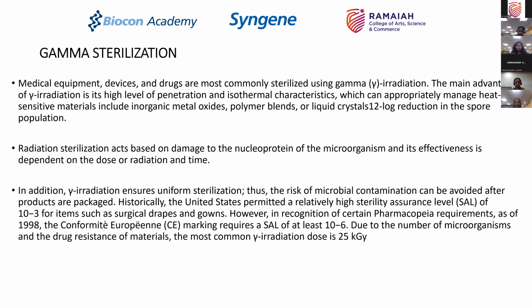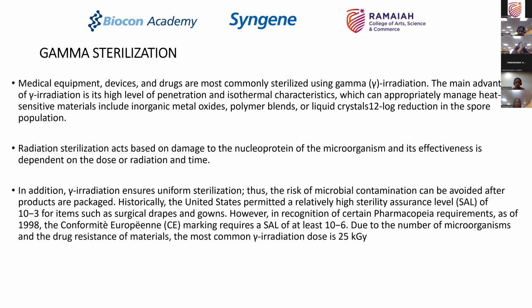Okay. Gamma irradiation also ensures uniform sterilization, because what happens is that when you are putting it into a chamber like that, the photons are available throughout the entire surface area of the product which is being sterilized, and therefore there is a uniform sterilization method. Therefore, the risk of a microbial contamination is definitely avoided once the product is packaged.